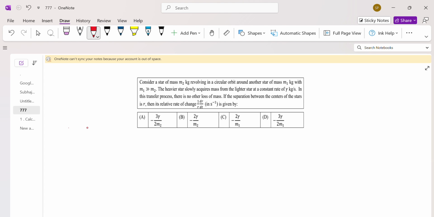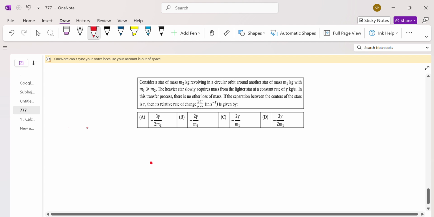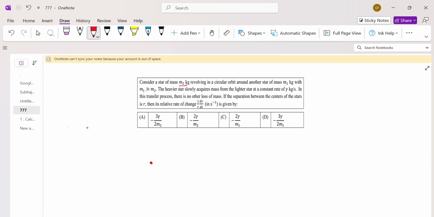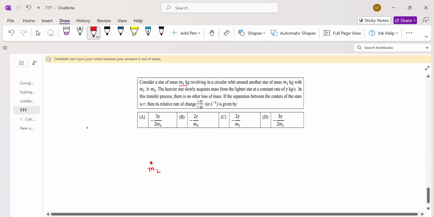The problem says that there is a mass m2 which is revolving around a bigger mass m1, and the condition is m1 is much greater than m2. Now it says that this m2 is going to lose some mass, and that lost mass is going to get absorbed on this m1.